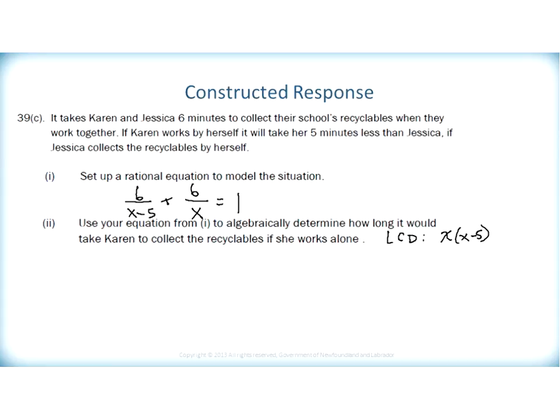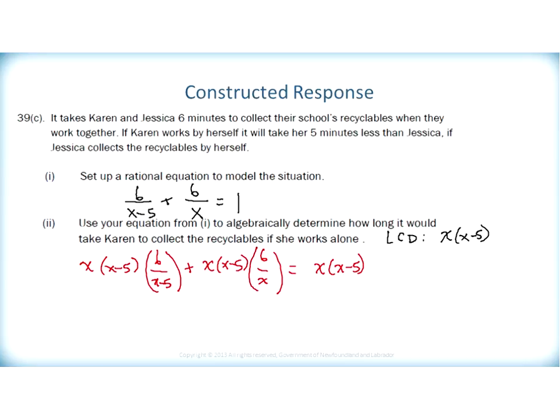So we would have x outside of x subtract 5 times 6 over x subtract 5 plus x outside of x subtract 5 times 6 over x, and this will equal x outside of x subtract 5 times 1.